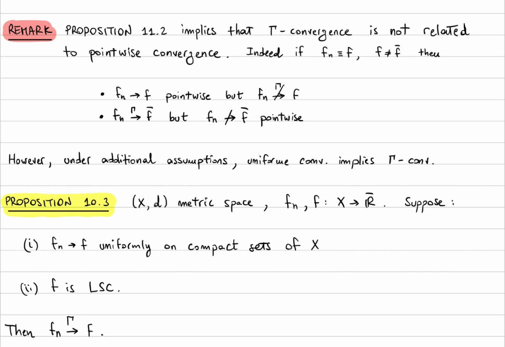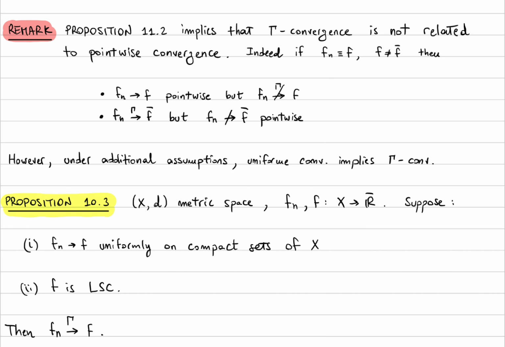On the other hand, by the proposition, f_n gamma converges to f bar. But obviously f_n is not converging pointwise to f bar, because f_n converges pointwise to f, and f is not equal to f bar, and the pointwise limit is unique.